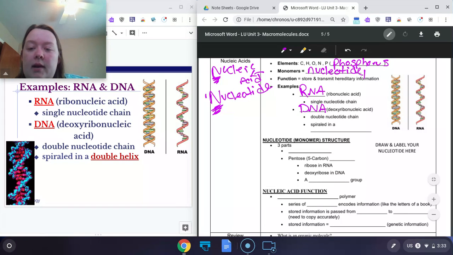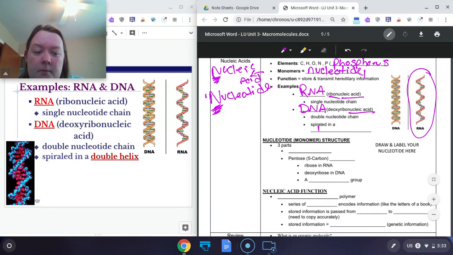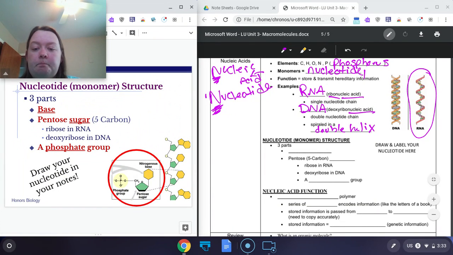So ribonucleic acid, RNA, is how you transmit hereditary information. DNA is deoxyribonucleic acid. Again, NA stands for nucleic acid. That is going to be a double helix. And it contains all of an organism's genetic information, and then that information is passed down to the offspring of that individual.